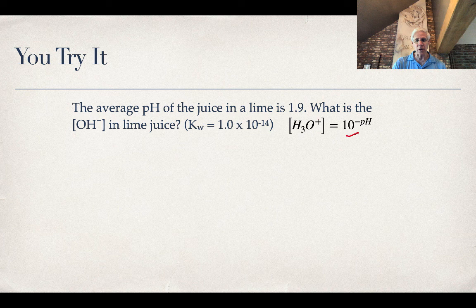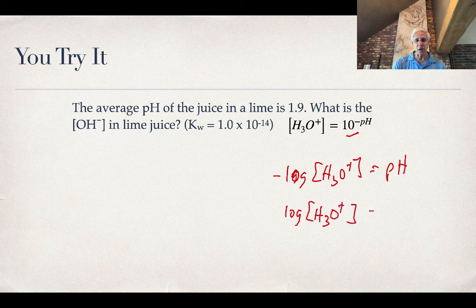So we had pH equal to negative log of H3O+. If I change the sign, that gives me log of H3O+ is equal to negative pH.